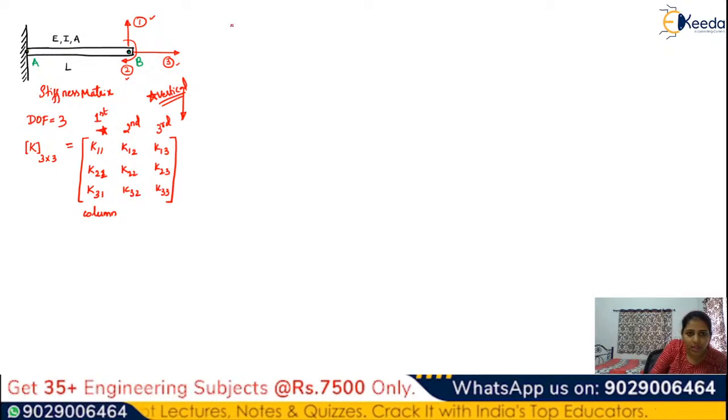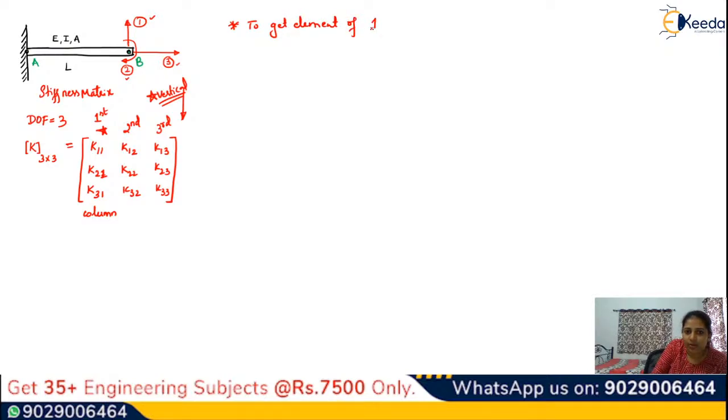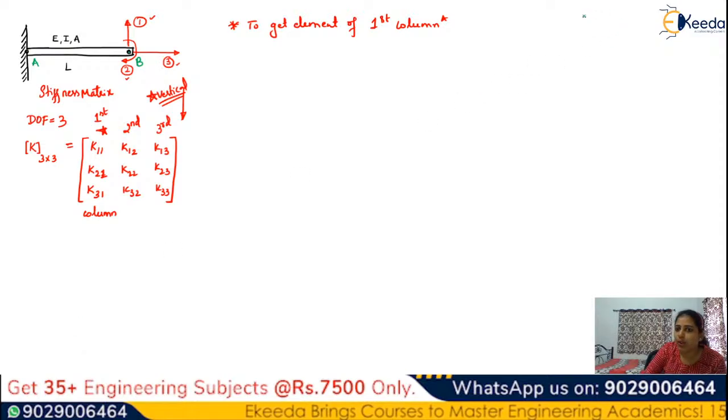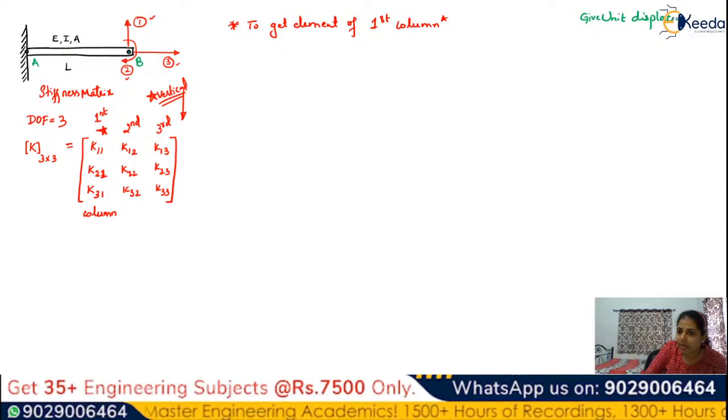Right. So first is to get the elements of the first column. Now one important thing I want to tell you is, whenever you are developing stiffness matrix, you give unit displacement and see what are the forces developed.